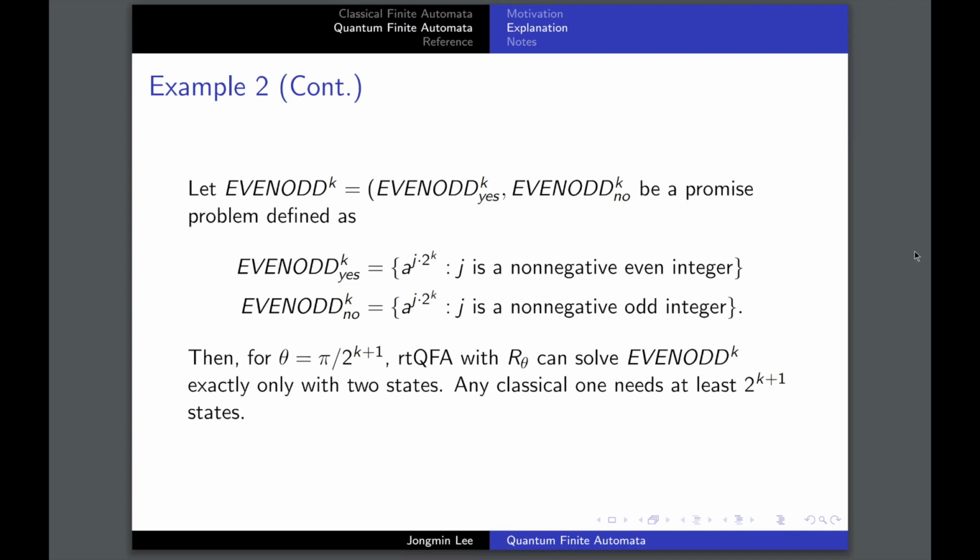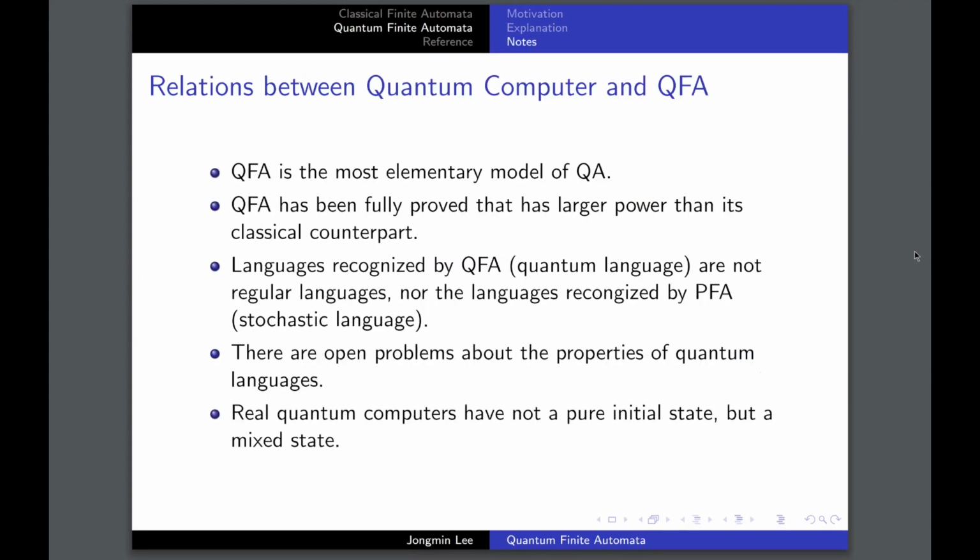The reference for this proof is in another reference, but I will skip it. So the things to remember in this presentation are that QFA is the most elementary model of quantum automata, and QFA has been fully proved to have larger power than its classical counterpart DFA.